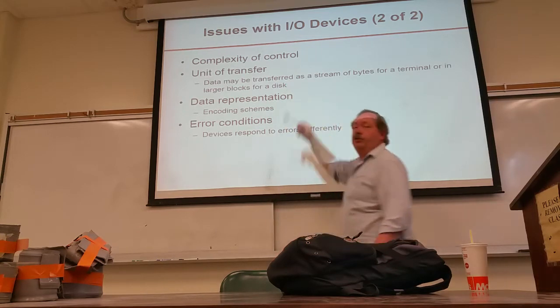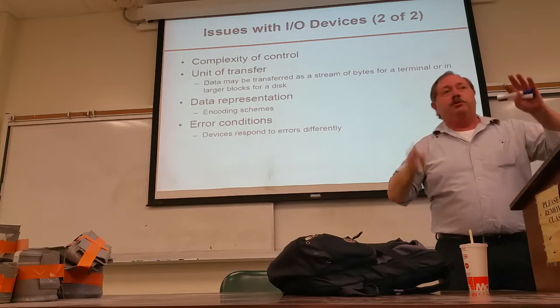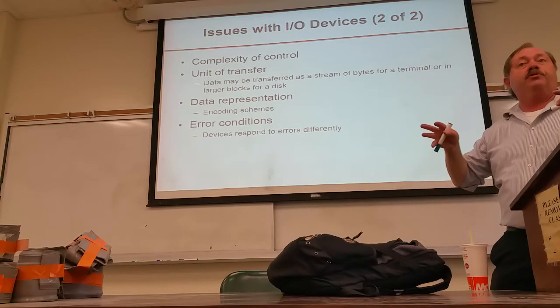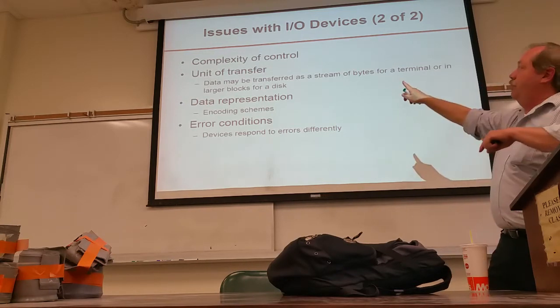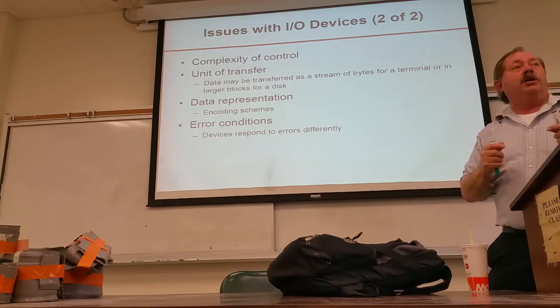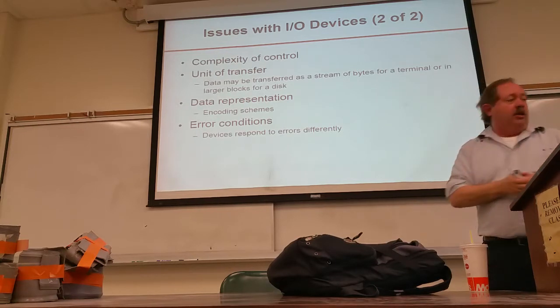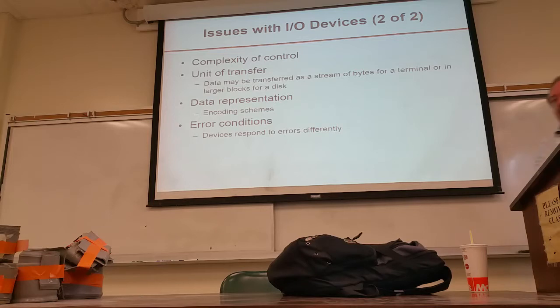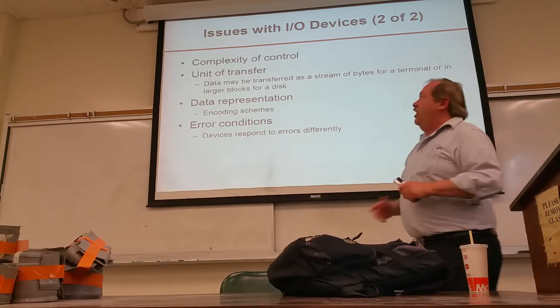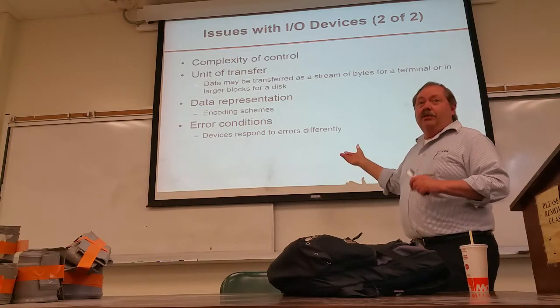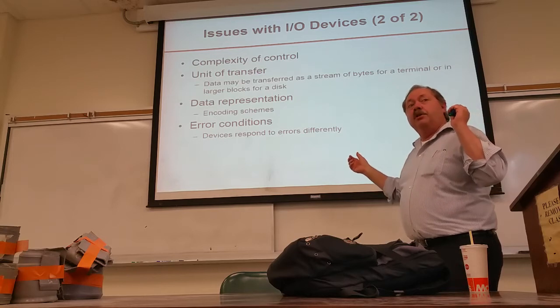Back to the unit of transfer, we're going to look at the differences between the sizes of our block transfers. With streaming stuff, like what comes in one character at a time from your keyboard, you don't really have much control over that, as we're going to see in some of our later slides.